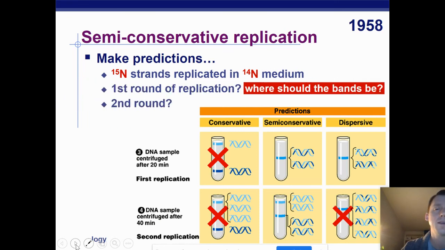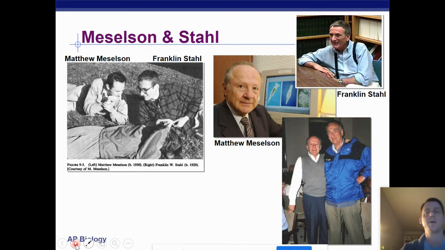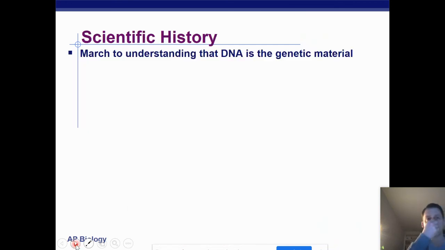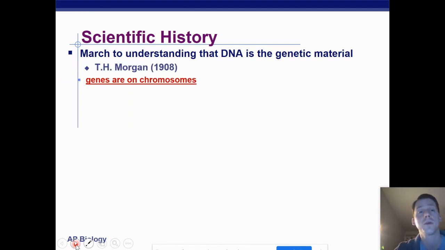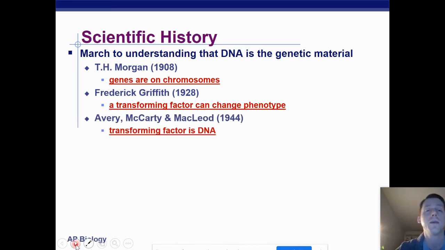All right. So we see those bands there. There's Meselson and Stahl. Okay, so this was a long history, but it's really important. Thomas Hunt Morgan found that genes were on chromosomes. Griffith found the transforming factor. Avery, McCarty, and MacLeod discovered that the transforming factor was DNA.